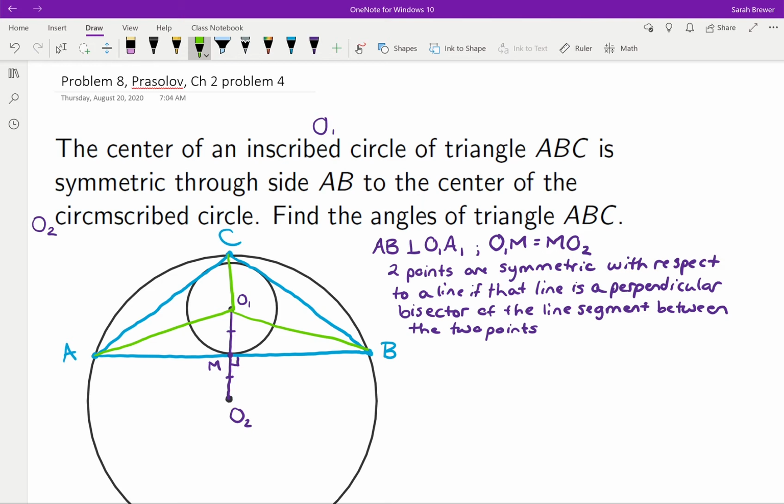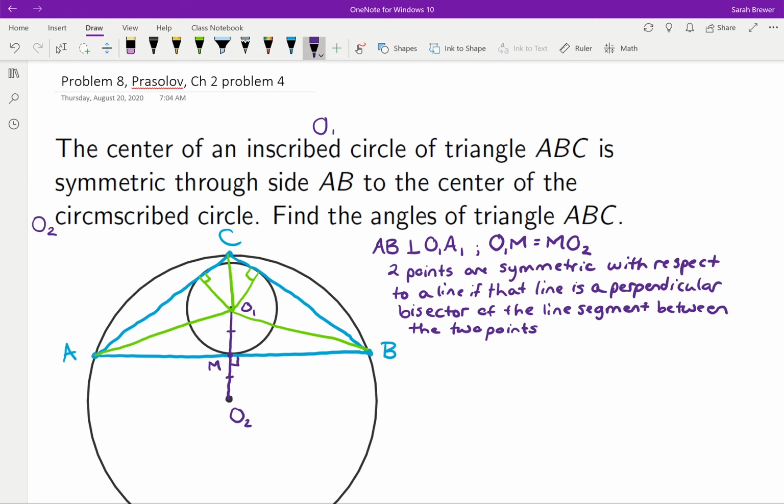And then we draw perpendiculars from that point to each of our sides. I'm going to have to move this O2. I've already got the one to M there. And that determines the radius of that inscribed circle.